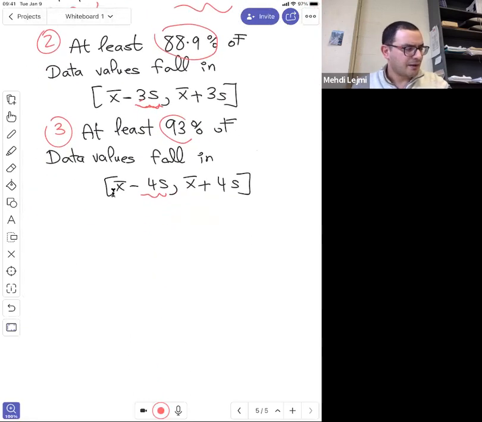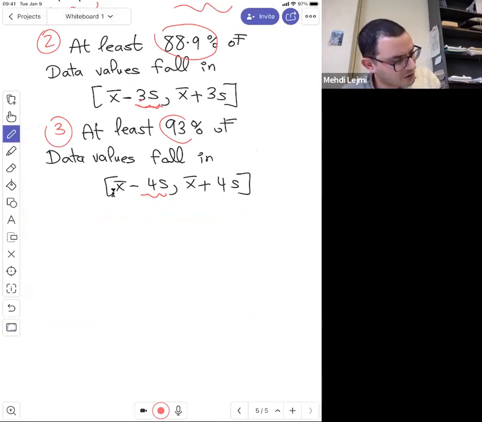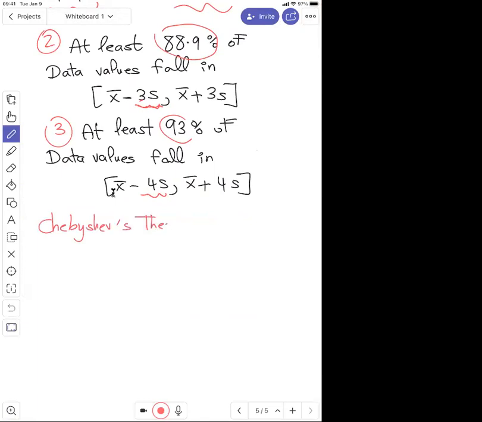This is just to give you an idea about the theorem. But the theorem says the following. Chebyshev's theorem is the following.